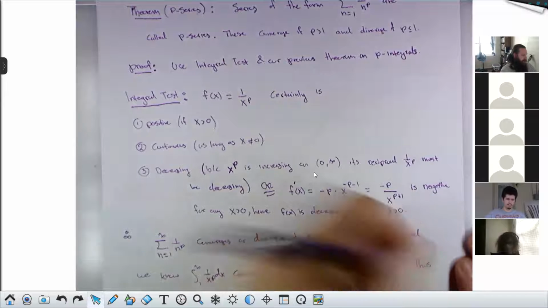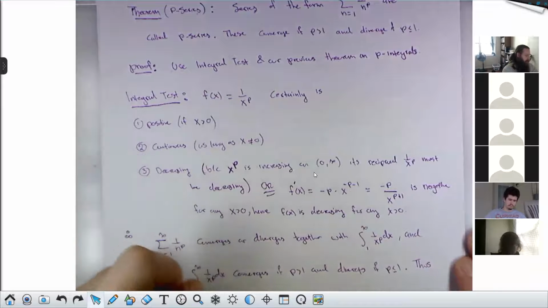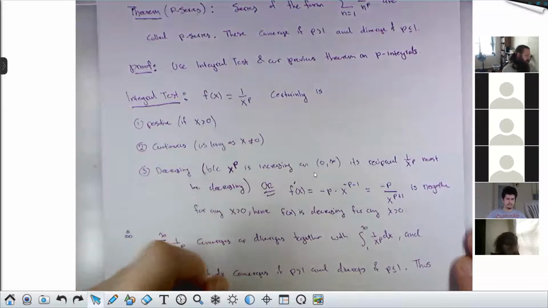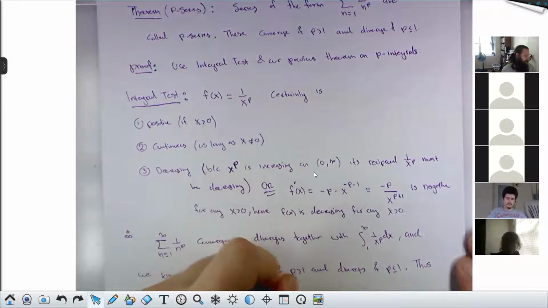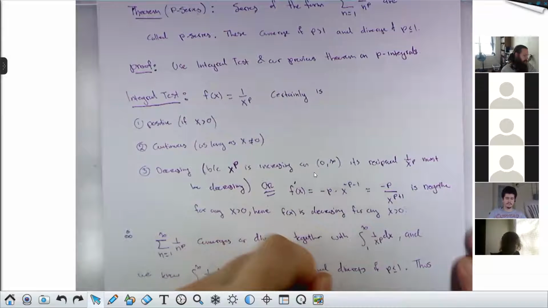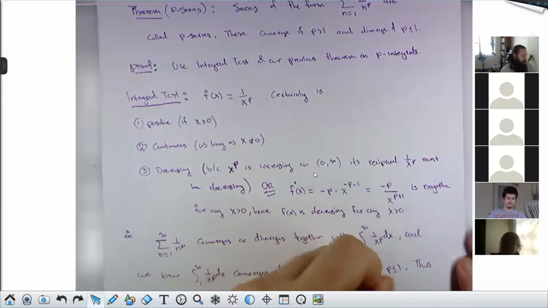Thus, sigma n from 1 to infinity, 1 over n to the p must do the same by the integral test. And that completes the proof.